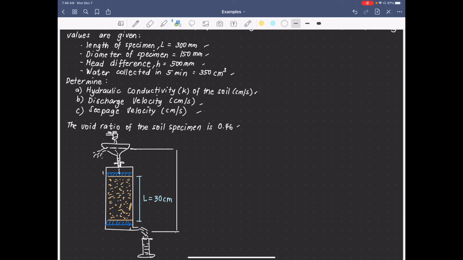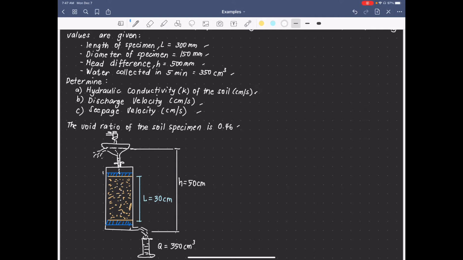That would be our H. This is our H, which is equivalent to 500 millimeter or 50 cm. So here, the collected water is our Q, which is 350 cubic centimeter.